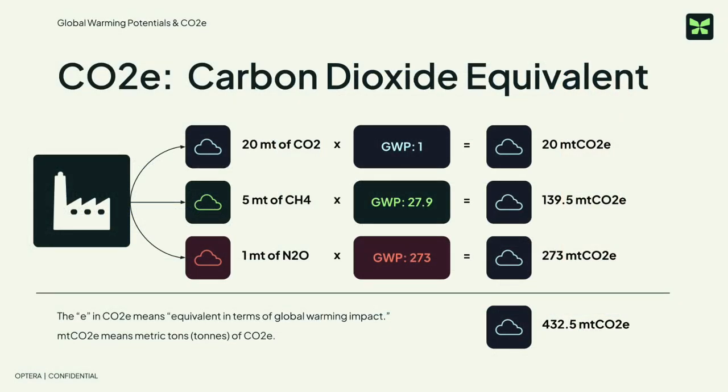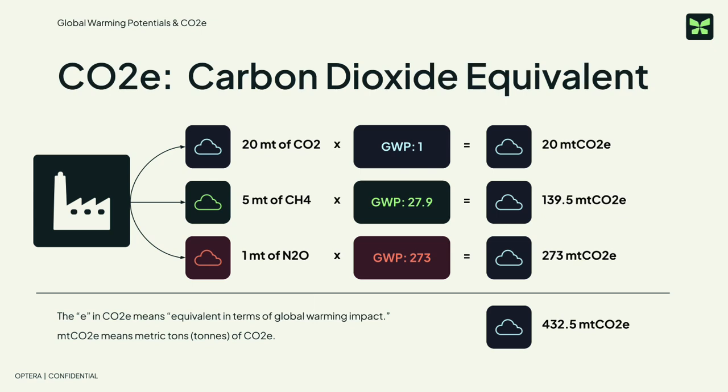When you multiply the amount of a greenhouse gas by that gas's global warming potential, you get the warming impact of that gas relative to carbon dioxide. In greenhouse gas accounting, that's referred to as carbon dioxide equivalent, which you'll see referenced as CO2e. While dollars is the key reference unit in financial accounting, CO2e is the key reference unit in emissions accounting.